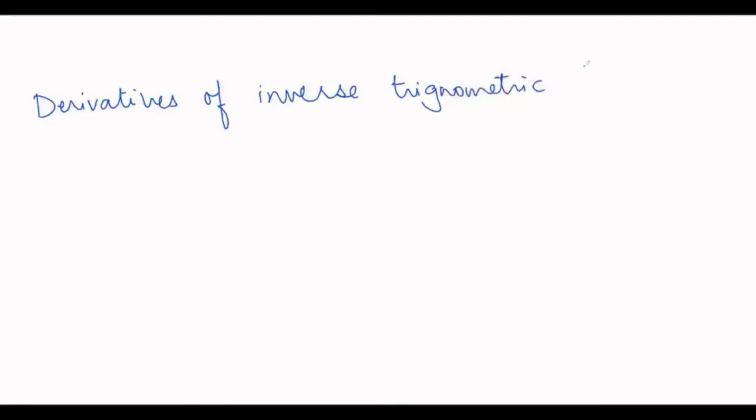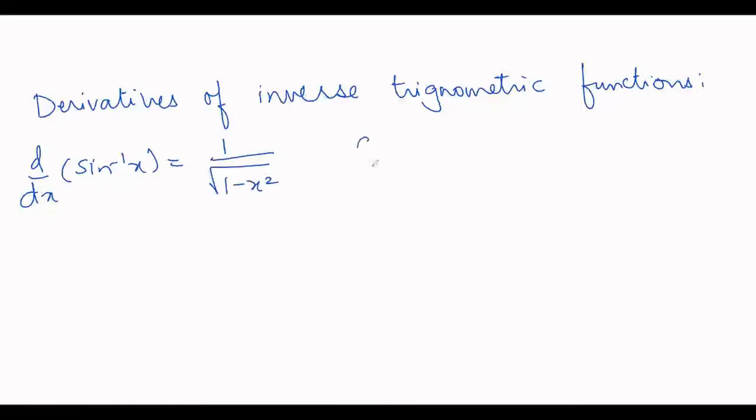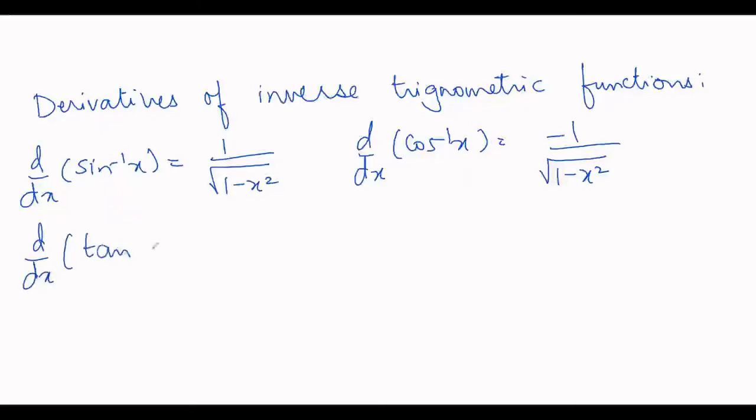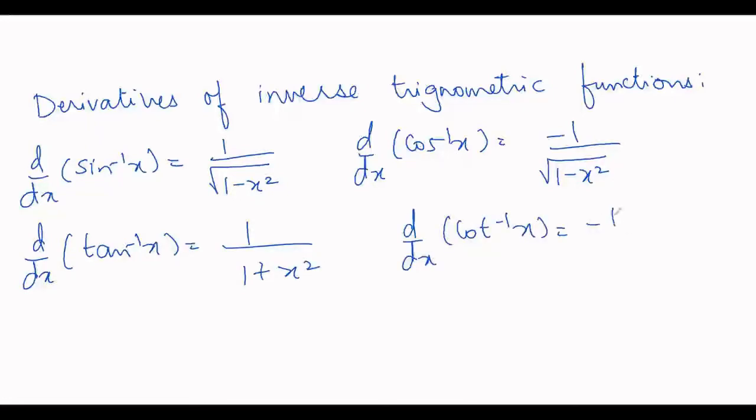Let's list them before we go to the questions. d by dx of sine inverse x is equal to 1 by square root of 1 minus x squared. d by dx of cos inverse x is equal to minus 1 by square root of 1 minus x squared. Next, d by dx of tan inverse x is equal to 1 by 1 plus x squared. d by dx of cot inverse x is equal to minus 1 by 1 plus x squared.